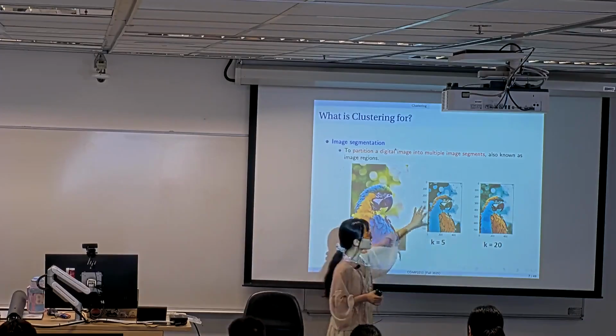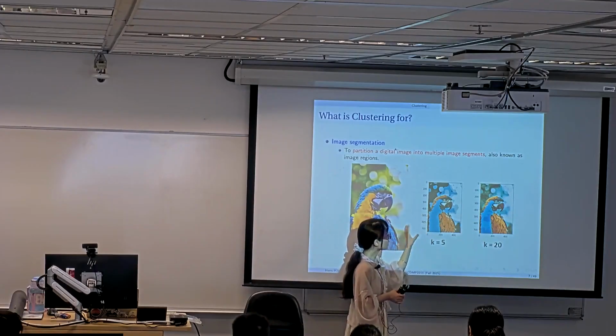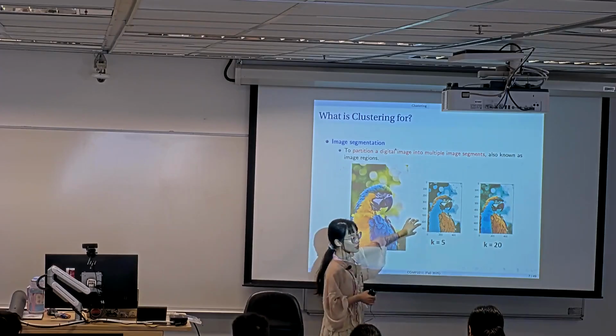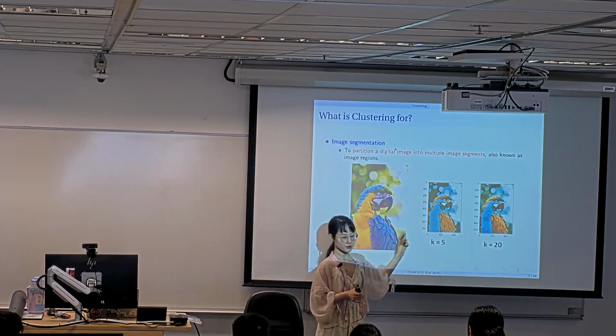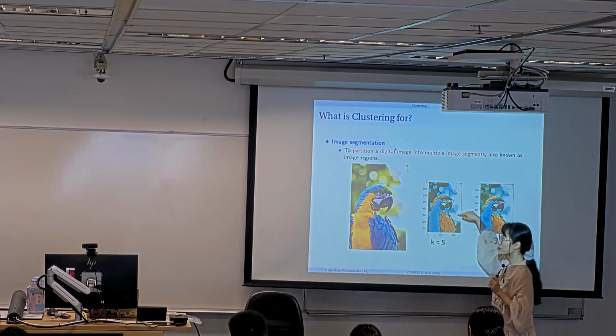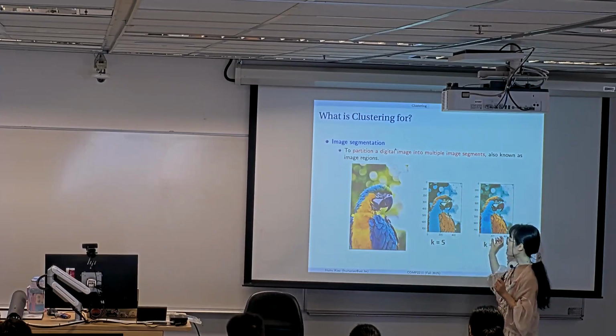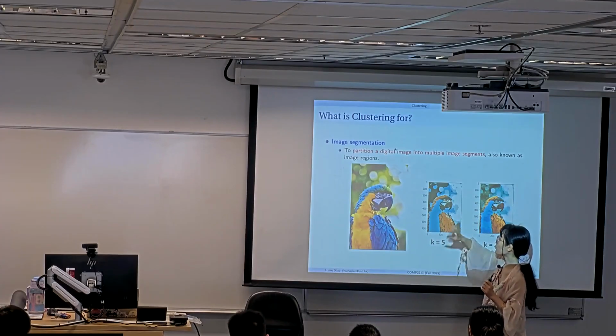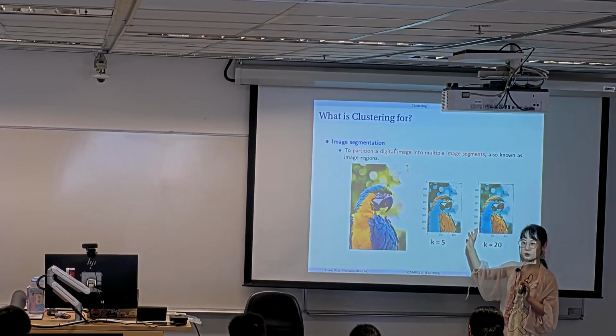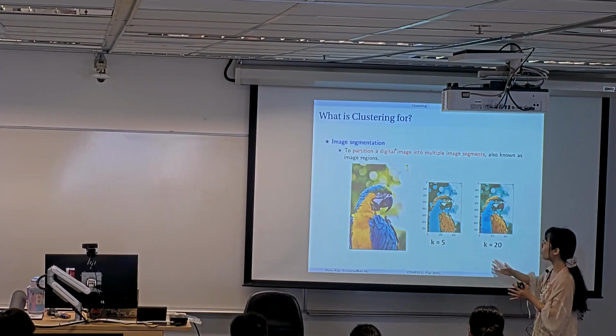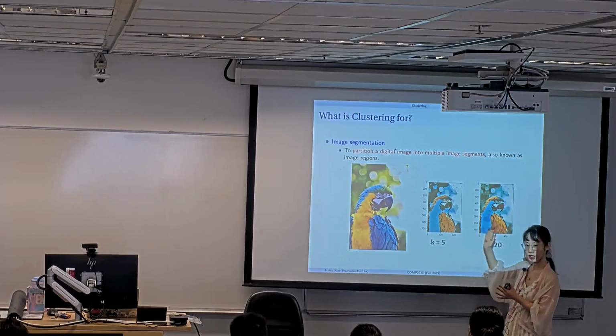So as you can see, roughly now we have 5 different groups of pixels, right? So the white one possibly is one group, and the blue one, and also the yellow one, the black one, the gray one. So we try to just separate all the pixels into different regions.